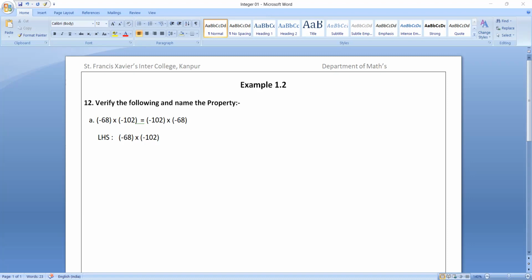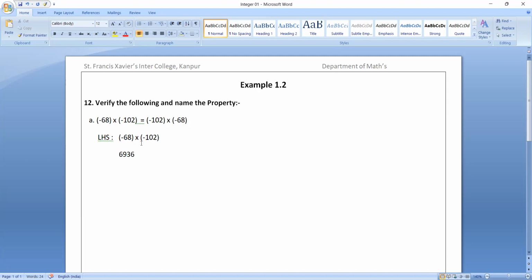So we have to multiply 102 with 68. So the answer will be 6936.